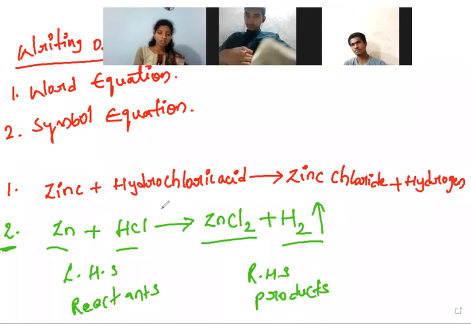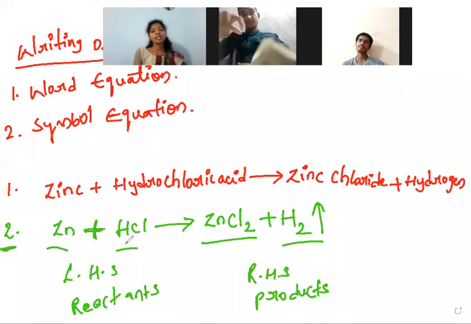The arrow tail indicates the reactant side and the arrow head always indicates the product part. Why do we take this plus sign between two formulas? Zinc is one formula and HCl is a separate formula. These two are not equal, so that's why we separate these two here.